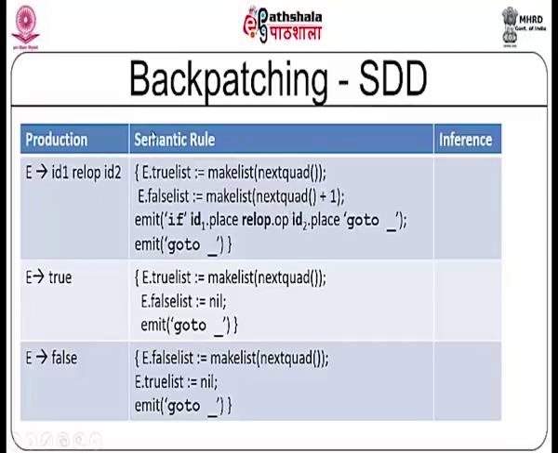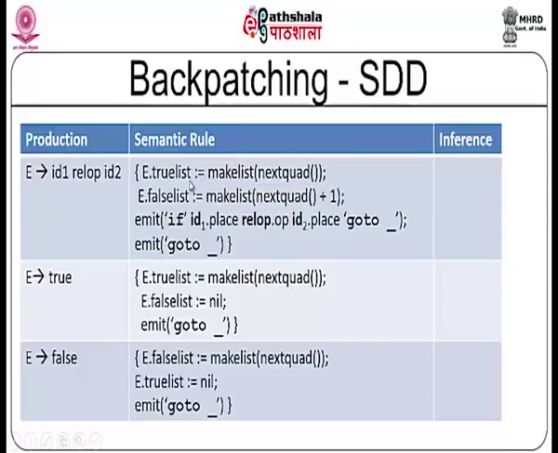So here, when I encounter an expression, I am creating two pointers and I am making a list. Okay. That make list corresponds to next quad and next quad plus 1 here. So next quad here will be the current line number, okay, and next quad plus 1 will be the next line number.